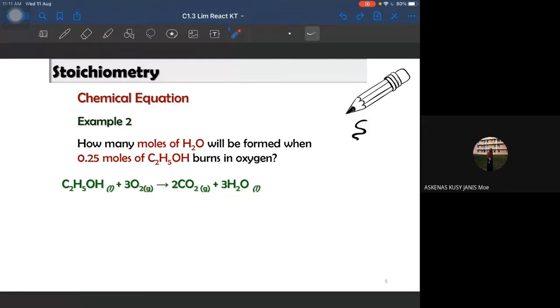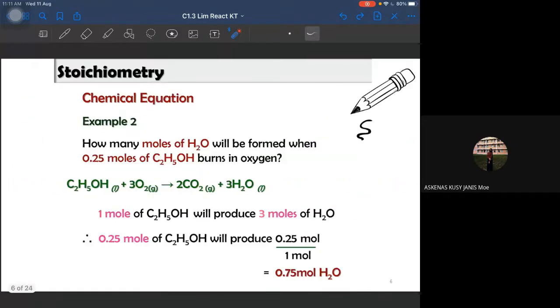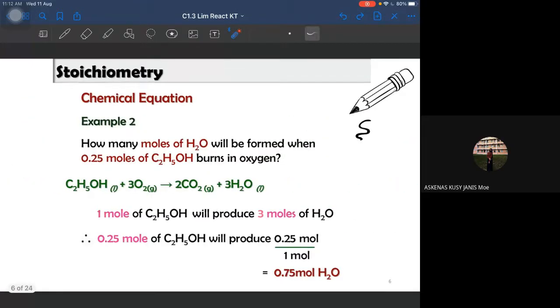Alright, so from the balance equation, bila kamu dah tulis equation, balancekan the equation and then buat dia punya relationship. Okay, so from the balance equation here, we know that 1 mole of C2H5OH will produce, okay, so sebab this question dia minta product, how many mole of H2O, and H2O adalah product.